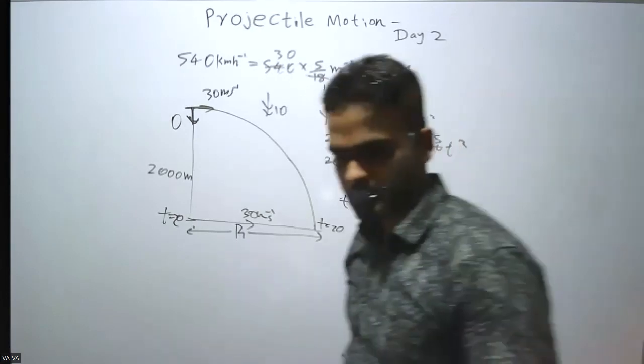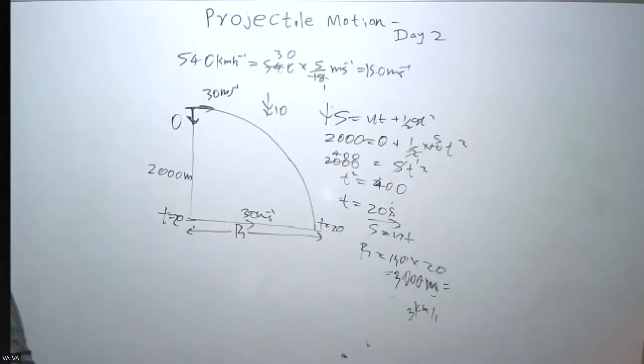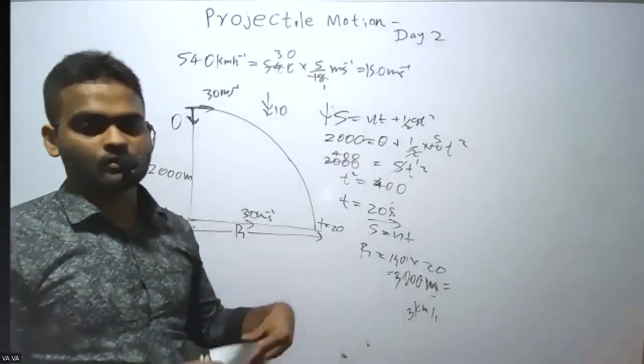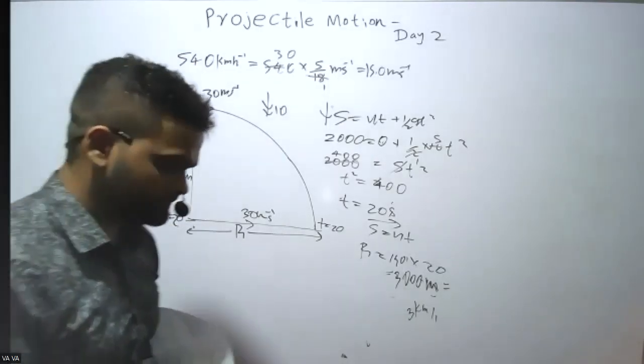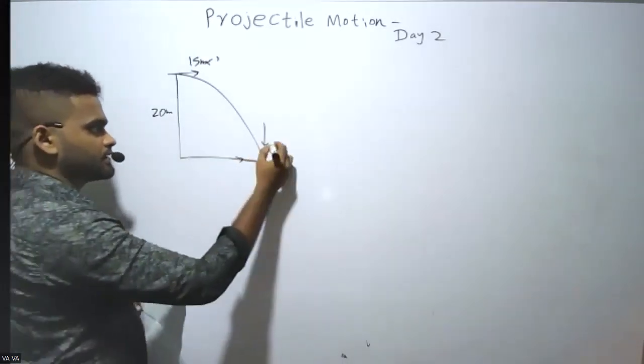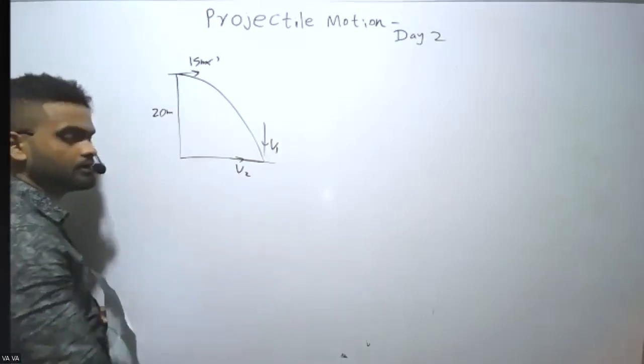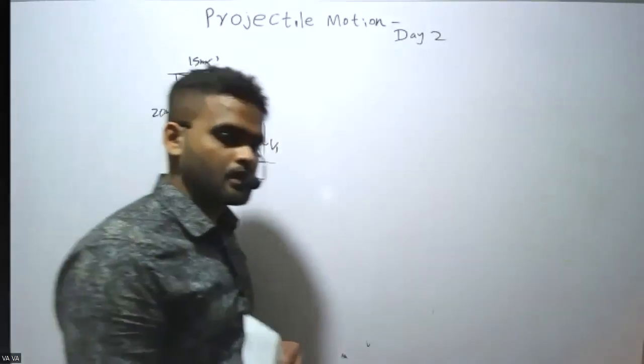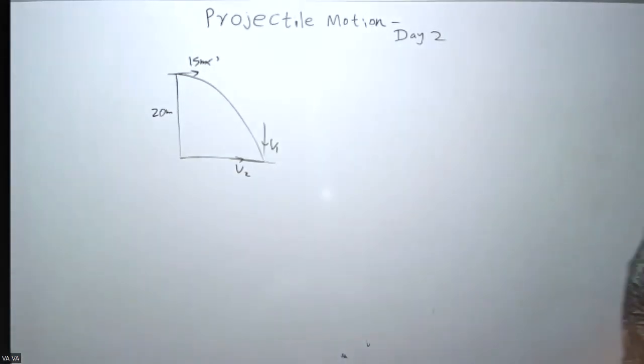Right, then try the third question. That's a similar question to the first one. Try the third one. For this one as well, you have to find vertical and horizontal velocity components separately. Then get the resultant of those two.